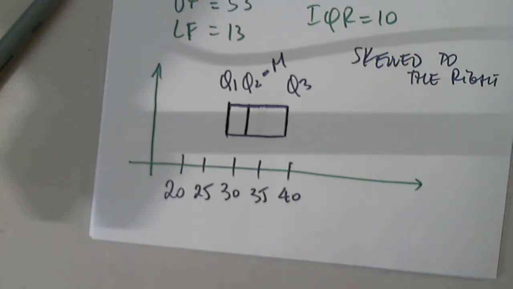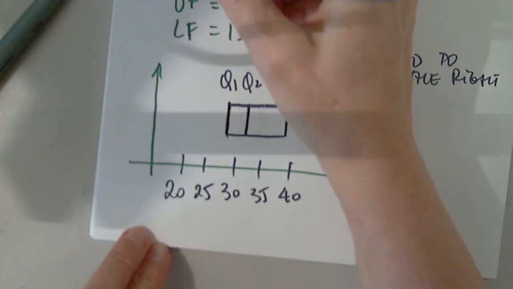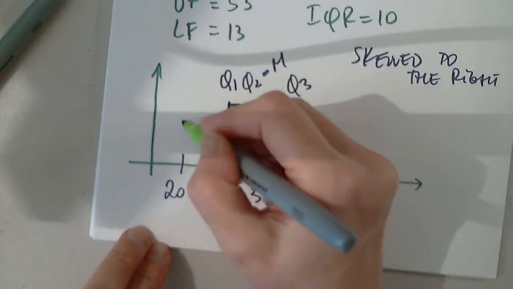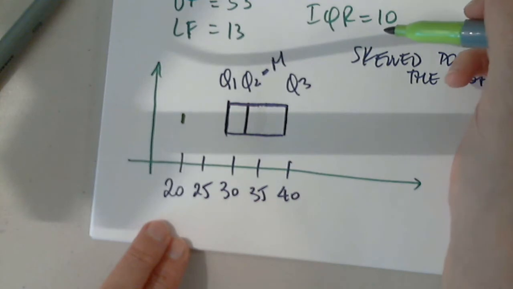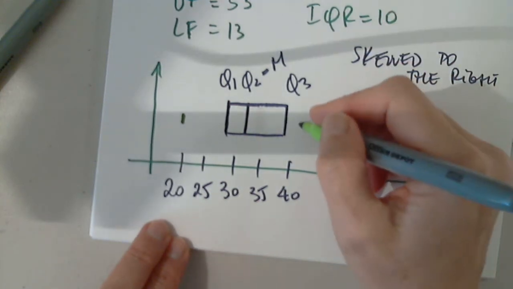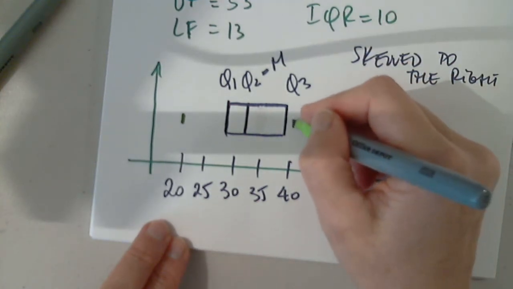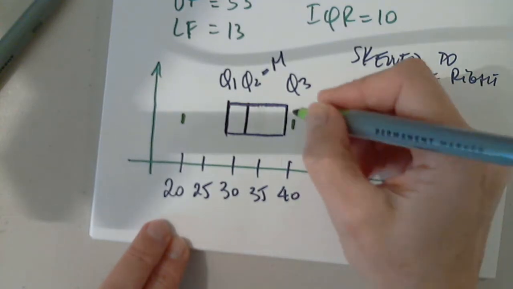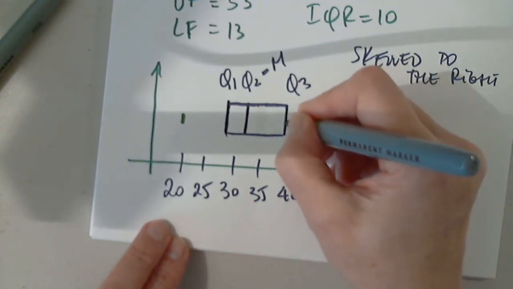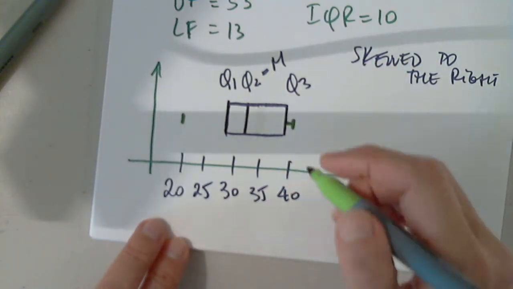Now, the smallest value is at 20. I will draw a vertical bar, but a tiny one. The highest is at 40. Tiny one. So I will connect the middle of the box with that tiny bar at the maximum.